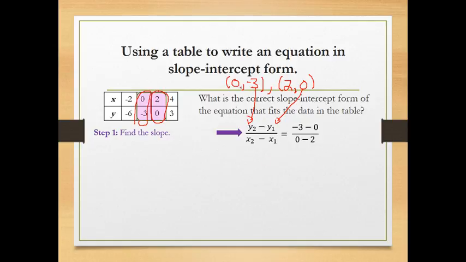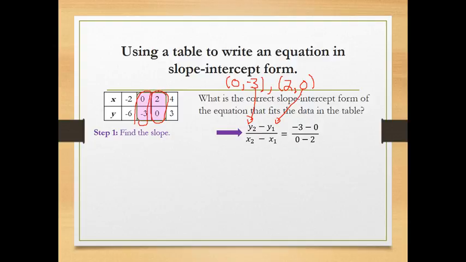Remember, it doesn't matter what you call it as long as you're consistent. So if this is going to be my y coordinate of my second point, then this has to be the x coordinate of my second point, the x2. I can't decide to use this point first on top and then switch it and use this second point first on the bottom. It has to be consistent. As long as you're consistent, you're going to get the same answer.